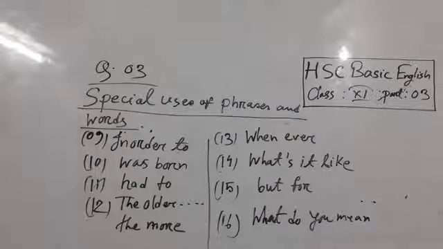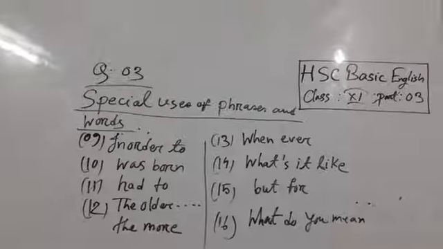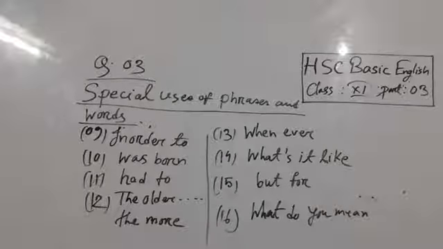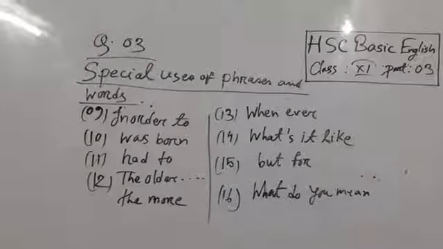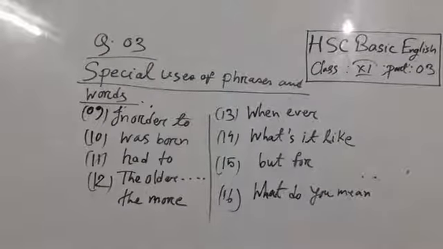And more. Let's go for 17. So the students have to be perfect in this topic. It's your question number 3 in second paper. You have to list out the words.